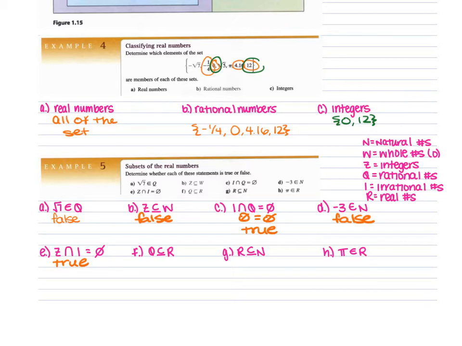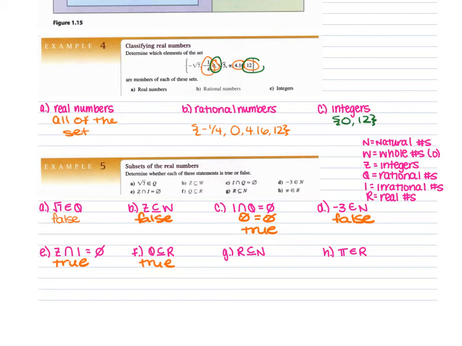For F, we have Q is a subset of R, so rational numbers is a subset of real numbers. This is true because the set of real numbers contains both rational numbers and irrational numbers. G, we have that R, so real numbers, is a subset of natural numbers.